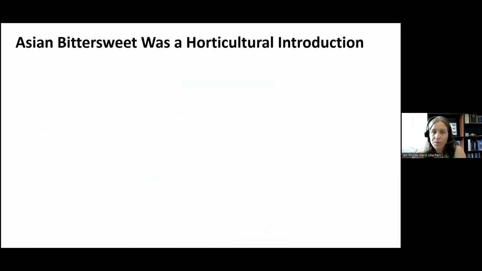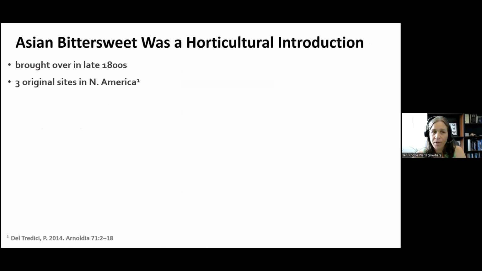So Asian bittersweet was a horticultural introduction. It was brought over from Asia in the late 1800s as a beautiful ornamental species with the intent to grow it in some gardens in North America. And there were 3 original sites of North American introduction, and those introductions seem to happen about the same time.